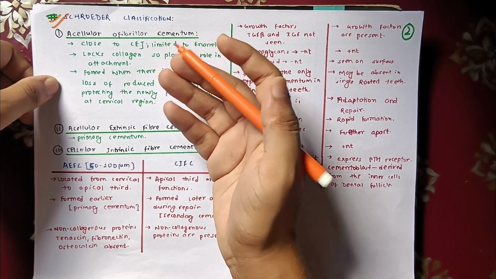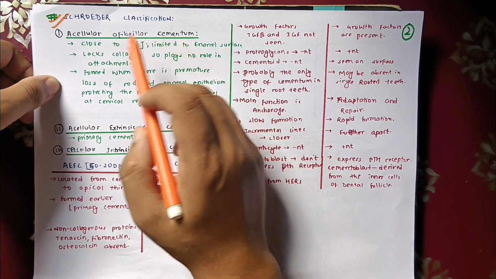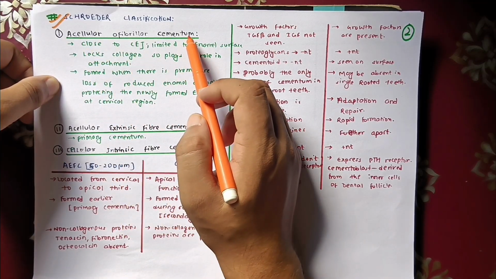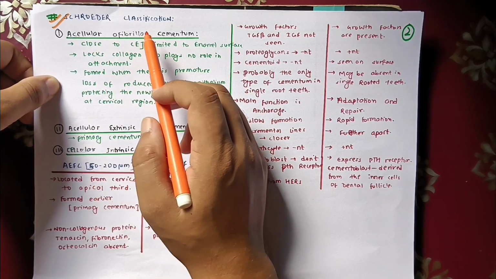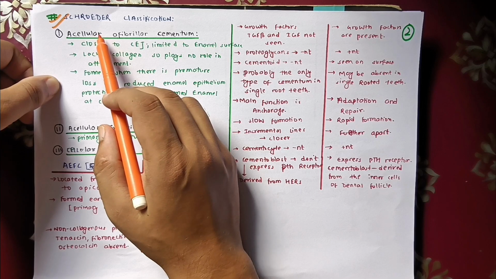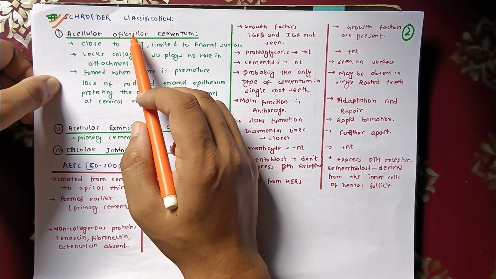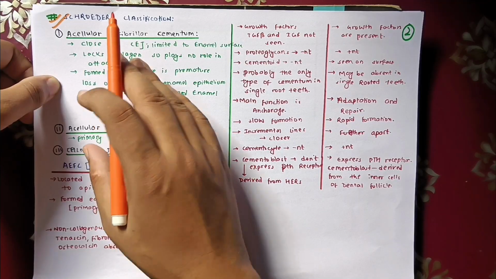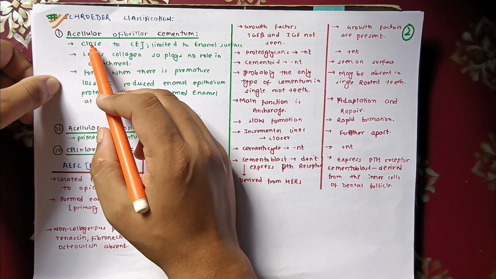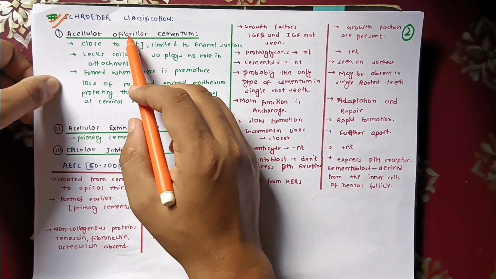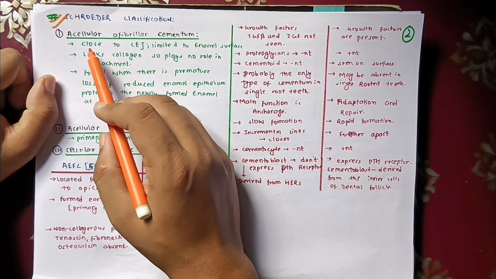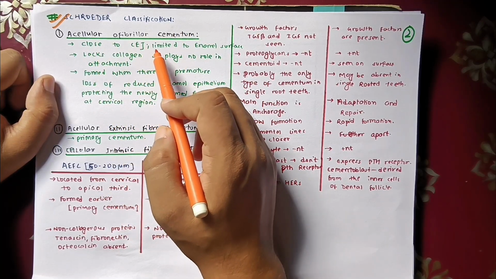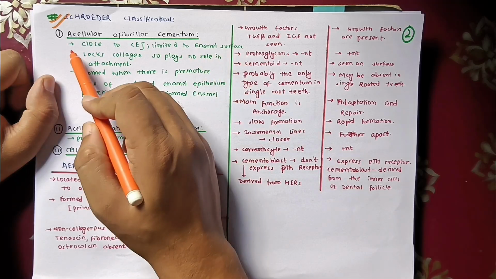Our first cementum is acellular afibrillar cementum. The name signifies there are no cells and no fiber. This type of cementum is close to the cemento-enamel junction, limited to the enamel surface.